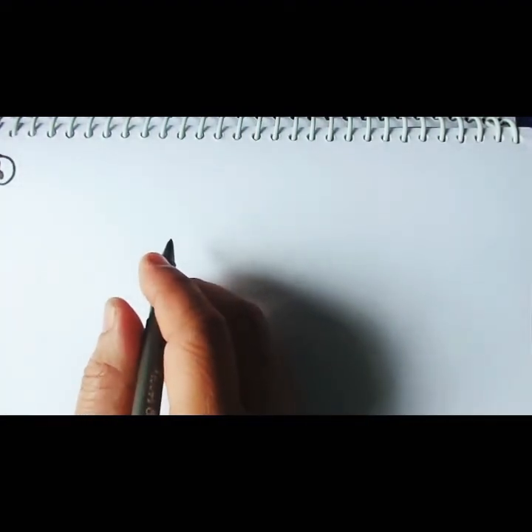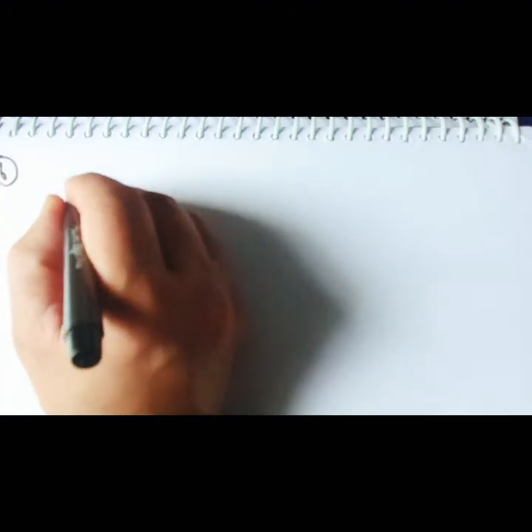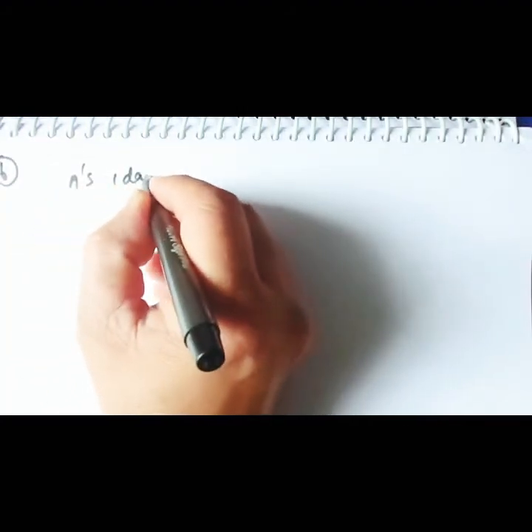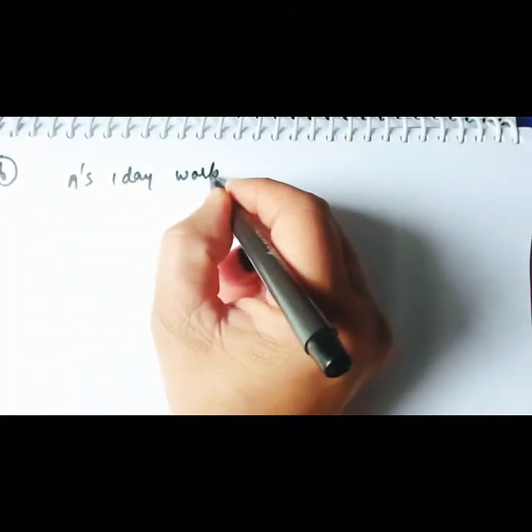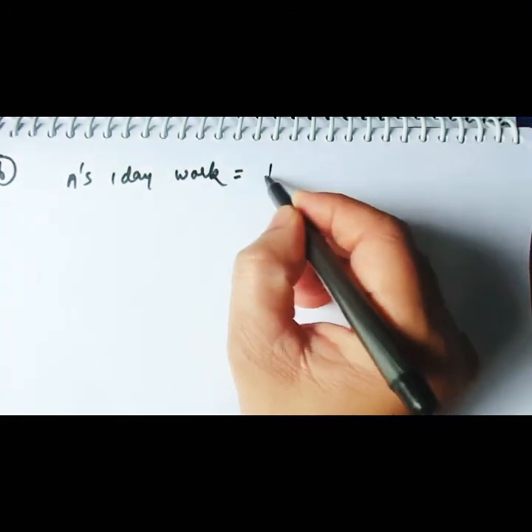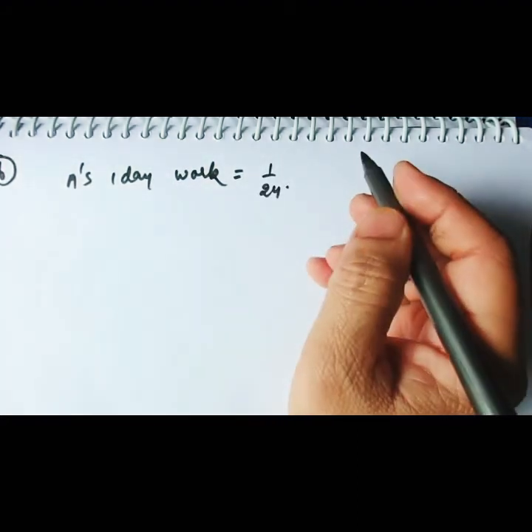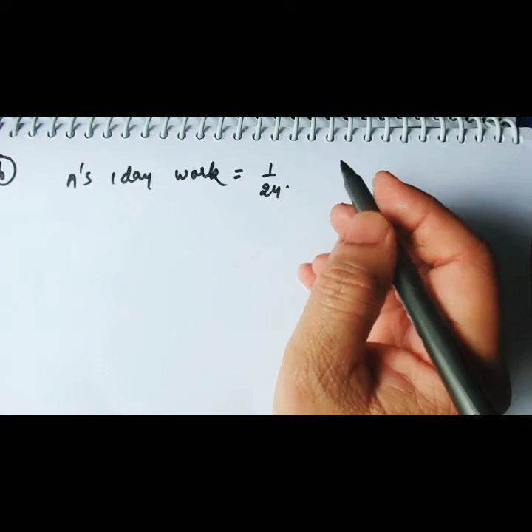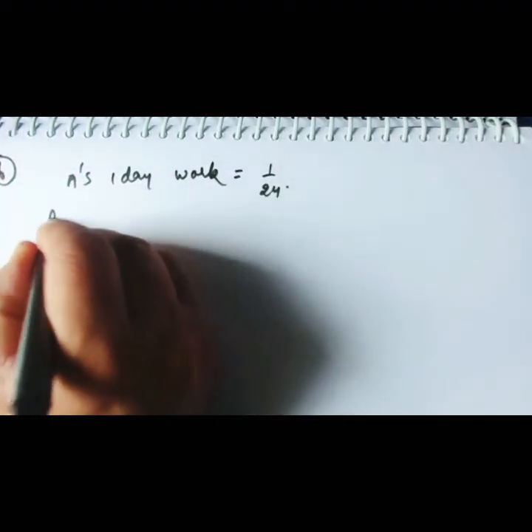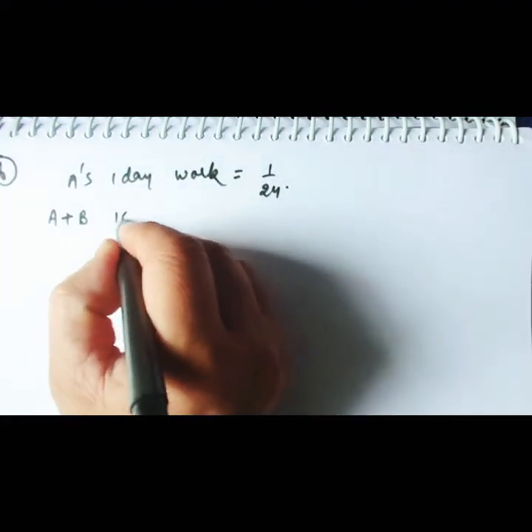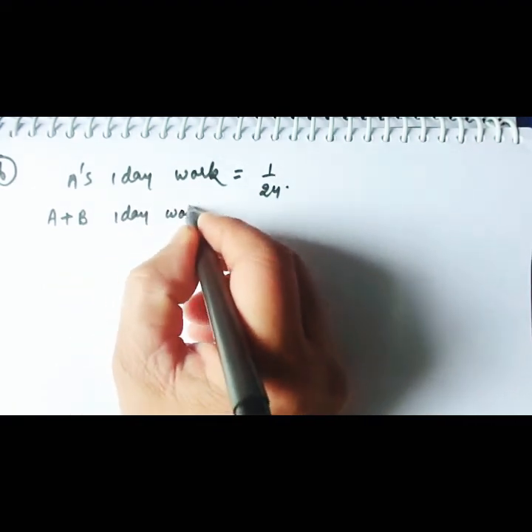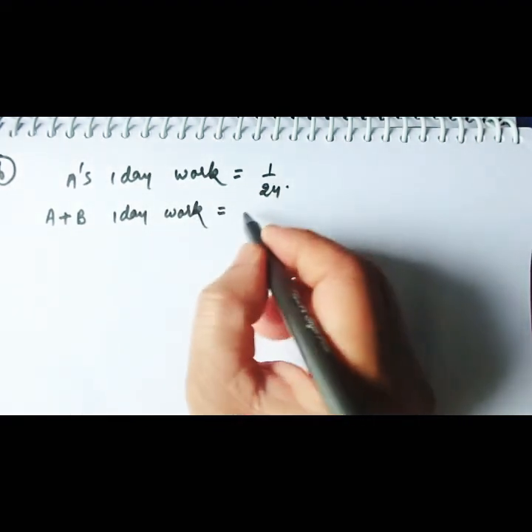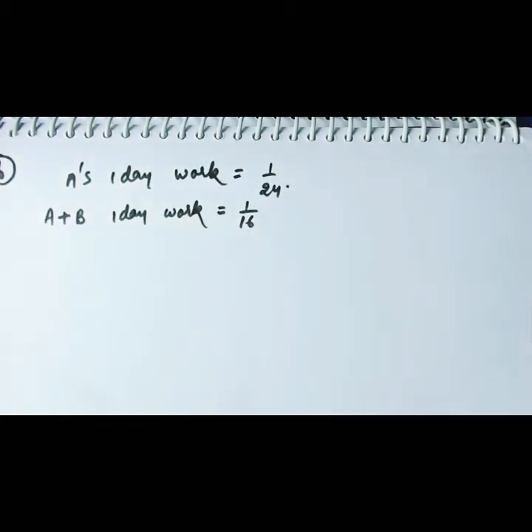A can do a piece of work in 24 days. So my dear, A's 1 day work is equal to how much? Is equal to 1 by 24. Very good. A and B can do it in 16 days. So I will write this also. A plus B 1 day work will be equal to 1 by 16.